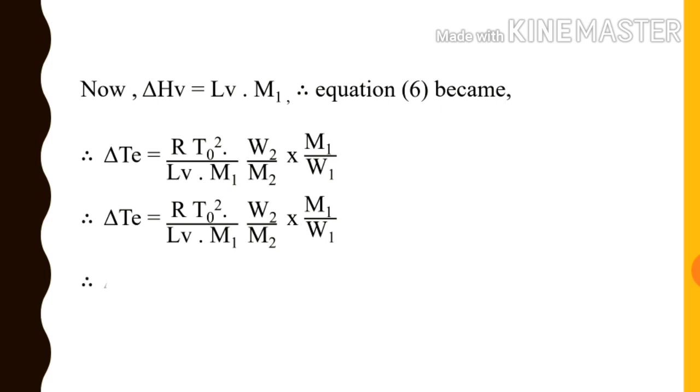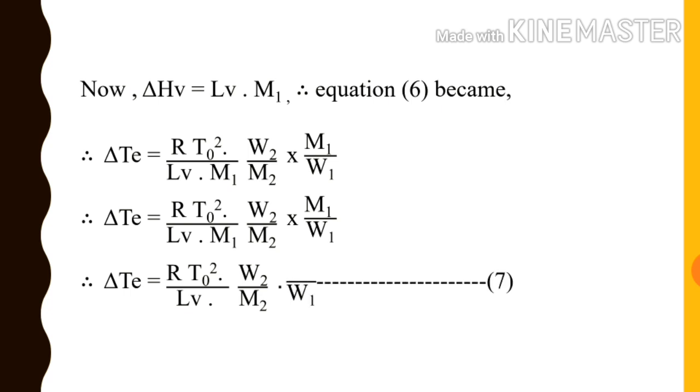Since M1 is the same in the numerator and denominator, M1 gets cancelled and we get a new equation, number 7. Equation number 7 is delta TE is equal to RT0 square upon LV into W2 upon M2 into 1 upon W1.